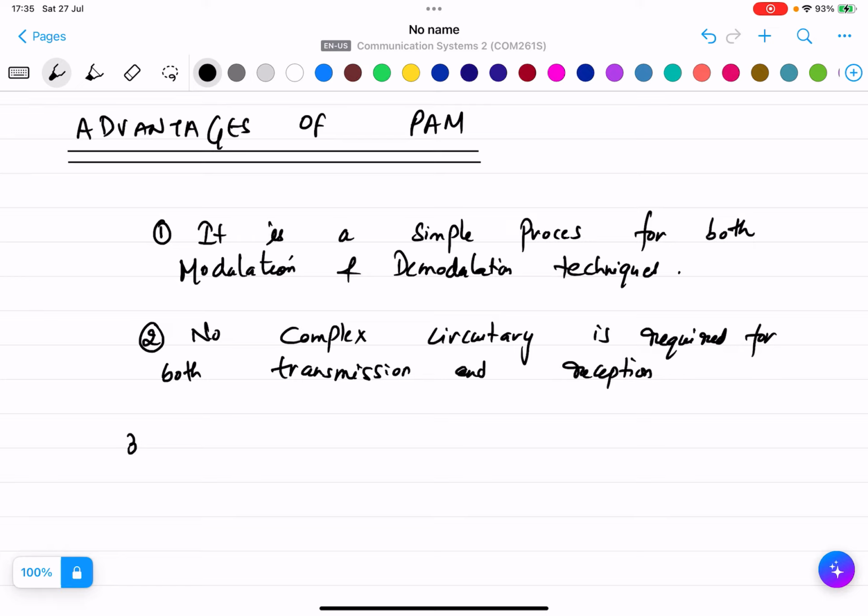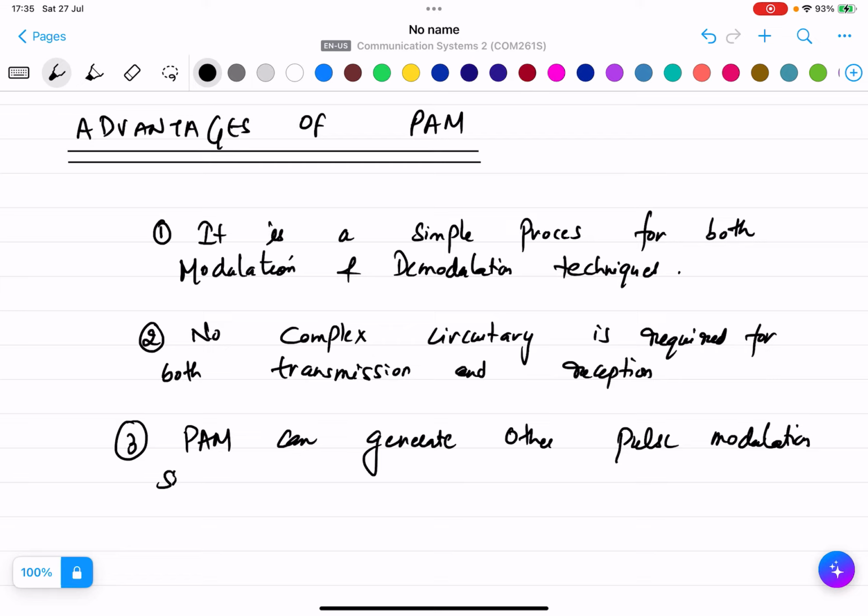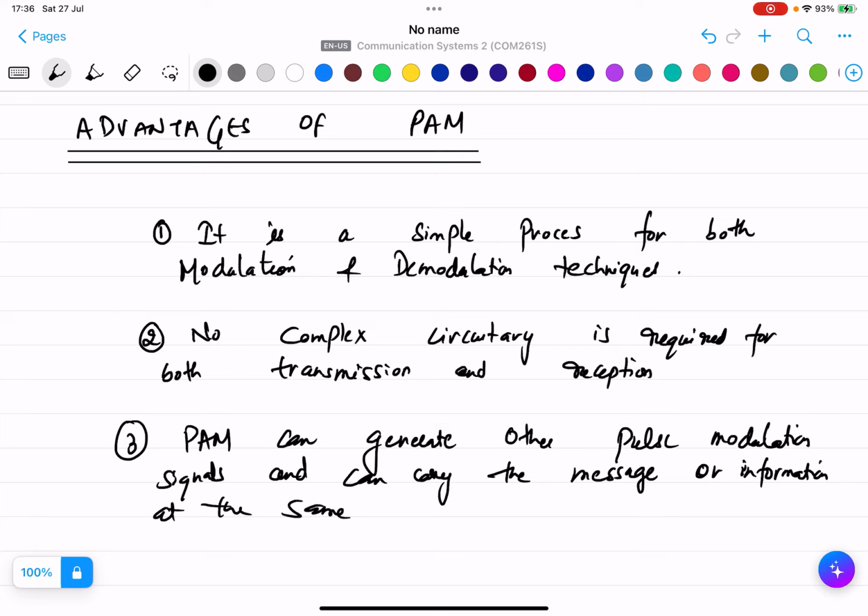Okay, and what is the third advantage of this? PAM can generate other pulse modulation signals and can carry the message or information at the same time. Okay, so there are three advantages of this.